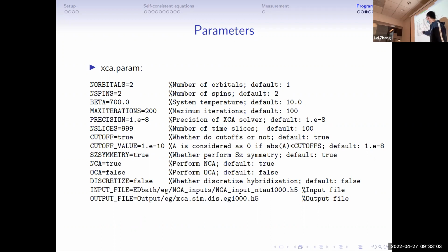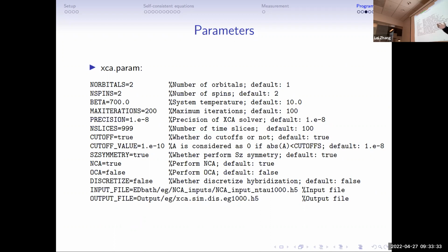And this just chooses whether we run NCA or OCA. This parameter, discretized, means whether we need to discretize the bath. If it is equal to false, then the input should be the delta function directly. If it is equal to true, the input is epsilon k and V k. And finally, the input and the output file here.